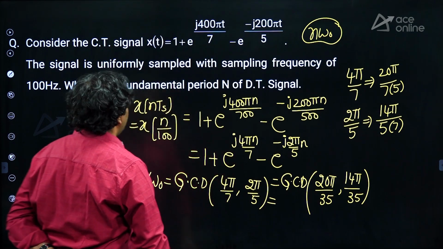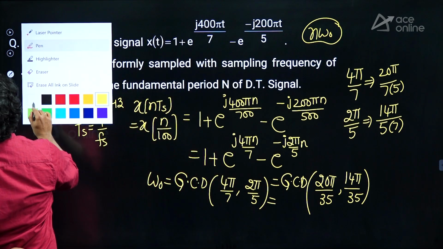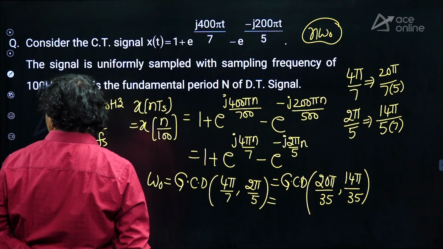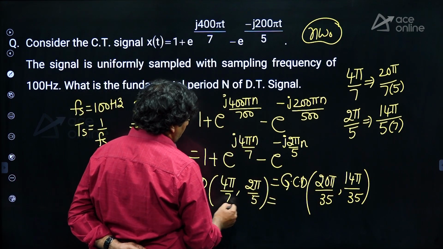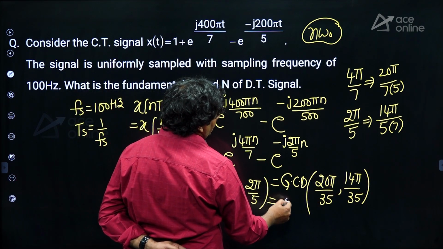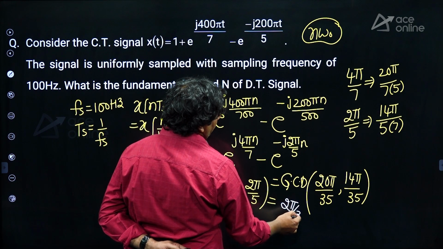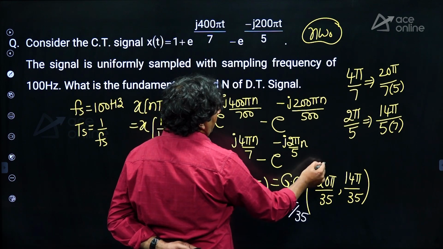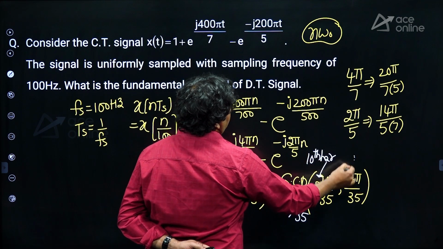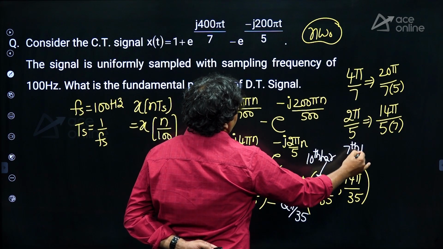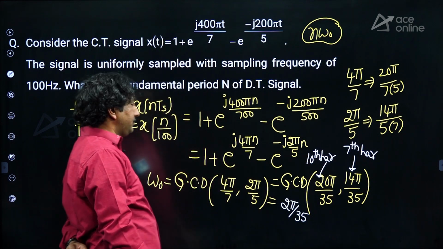Indirectly they correspond to which harmonics? What is the common number they have? 20 pi by 35, 14 pi by 35, what is the common number they have? 2 pi by 35. This we feel like the 10th harmonic, this we feel like the 7th harmonic.